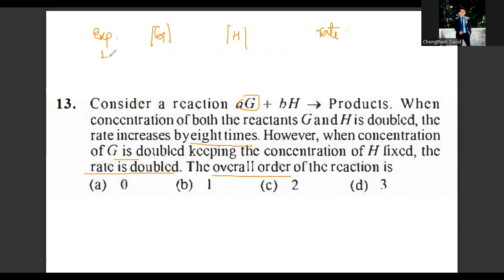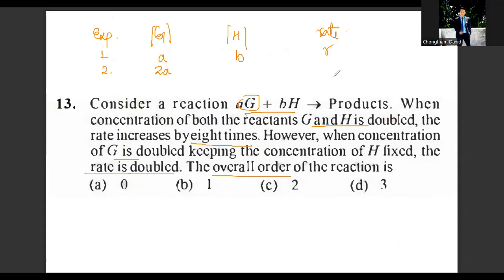In the first experiment, you have A and B, and this was the rate as given according to the question.